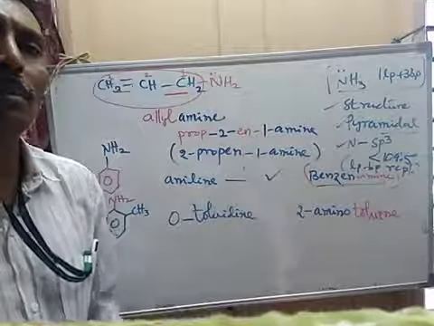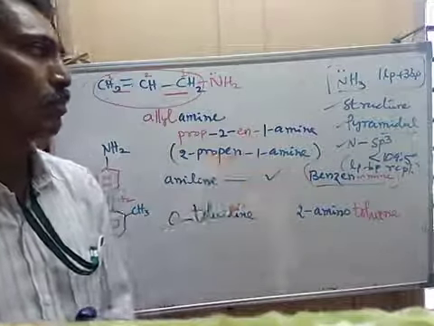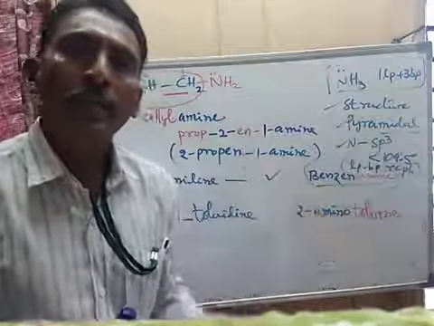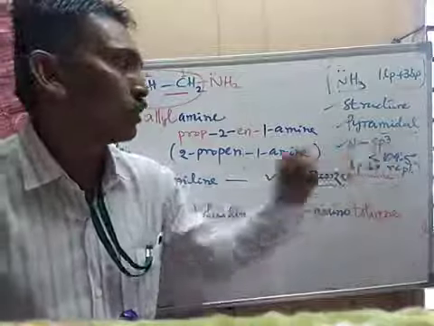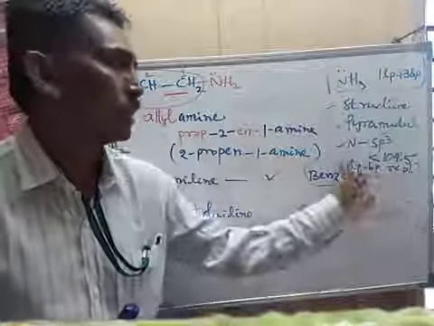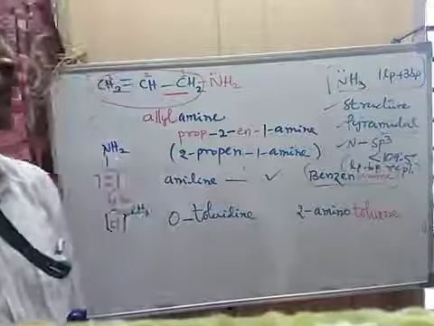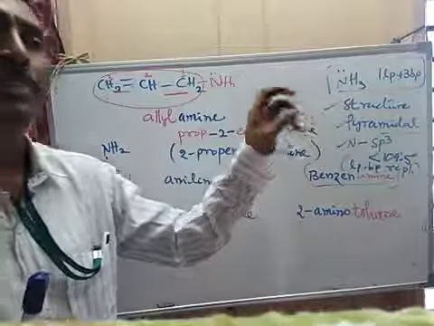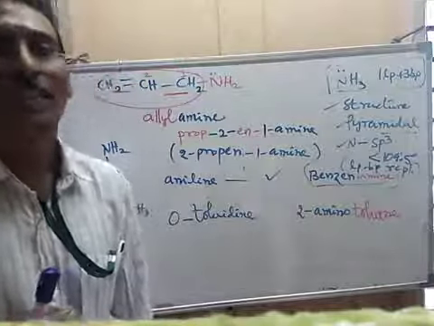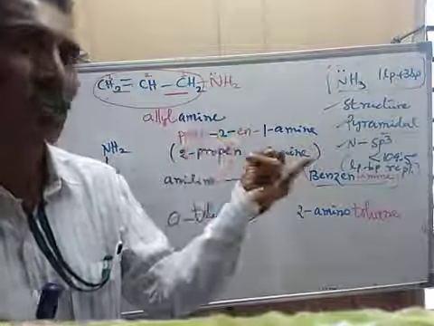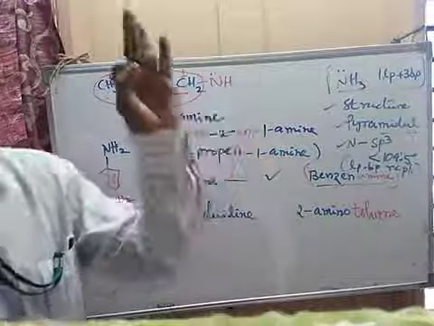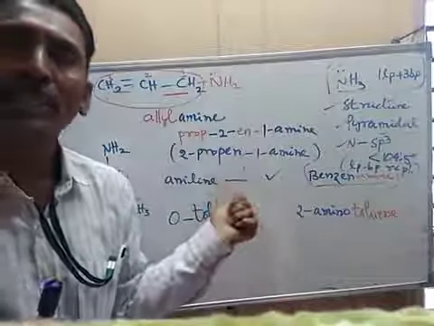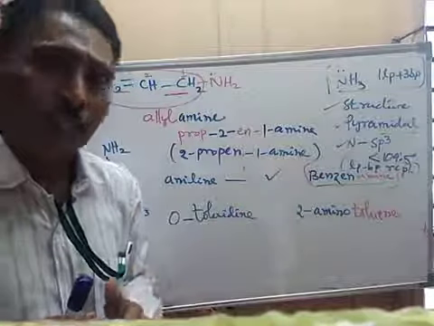And how is the bond angle? Equal to 109.5 degrees, more than 109.5 degrees, cannot be predicted? So less than 109.5 degrees. Why? The answer is repulsions between lone pair and bond pair electrons. This is the story related to amines: introduction, nomenclature, structure, isomerism. 4 points I covered. I hope you better understand this one. Thank you very much.